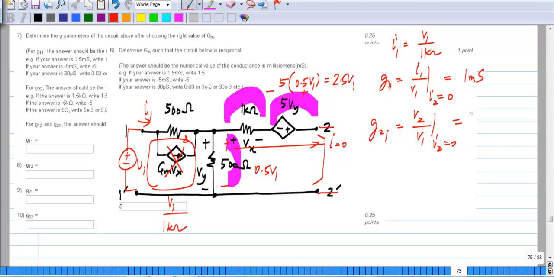So the whole thing is 3 times V1 divided by V1 or 3. So G11 is 1 millisiemens and G21 is 3.